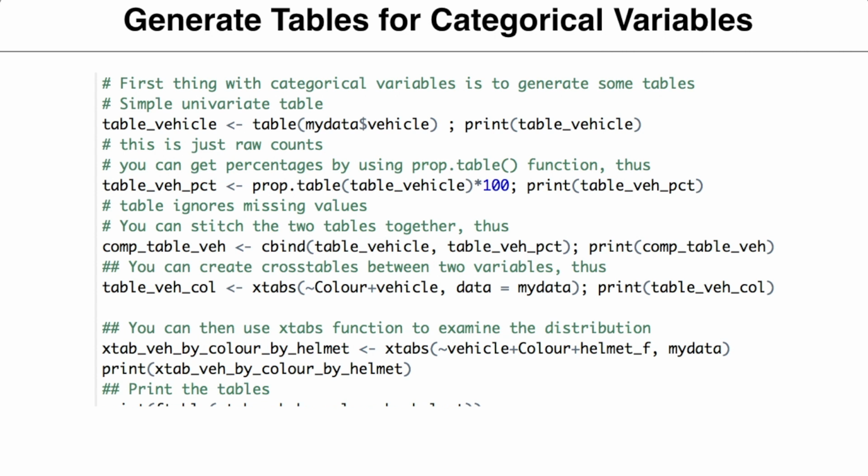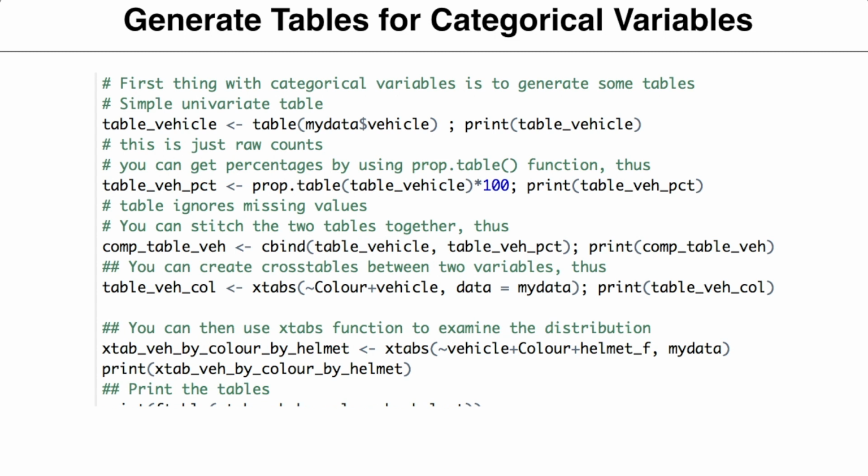So if you use table of a variable and then print that, and I leave that exercise to you rather than showing you this, but later on I may be showing you some of these things. If you then go ahead and run print table vehicle, you will see that this table is only going to give you the raw numbers of each level of the categorical variable vehicle.